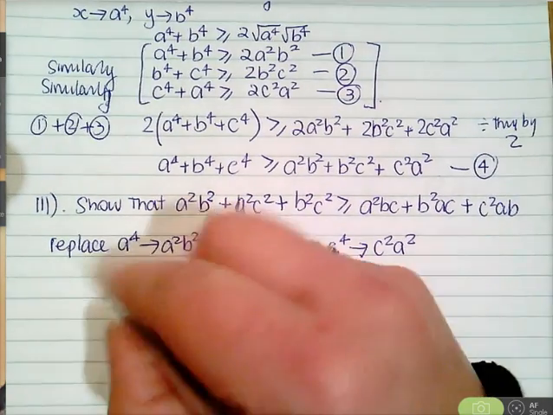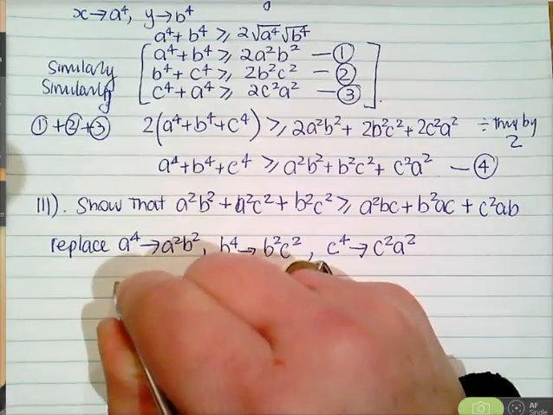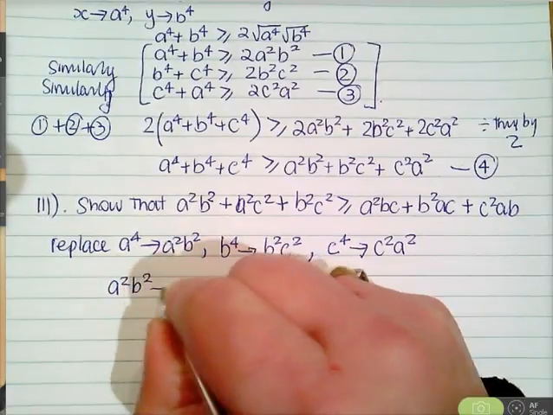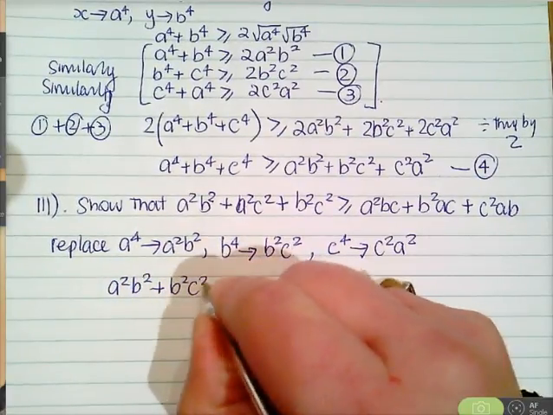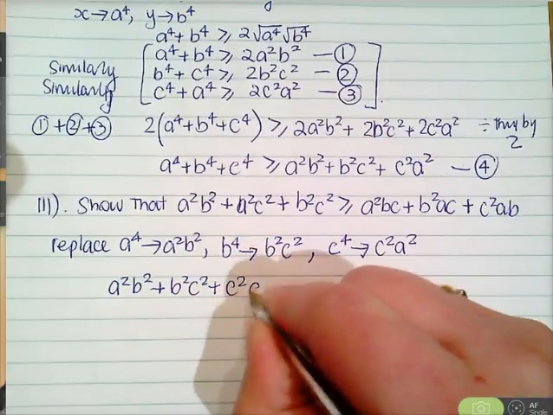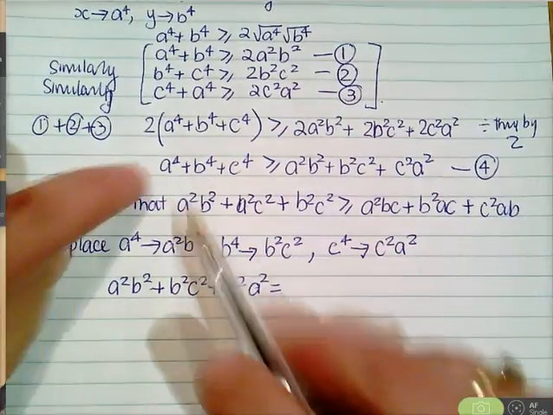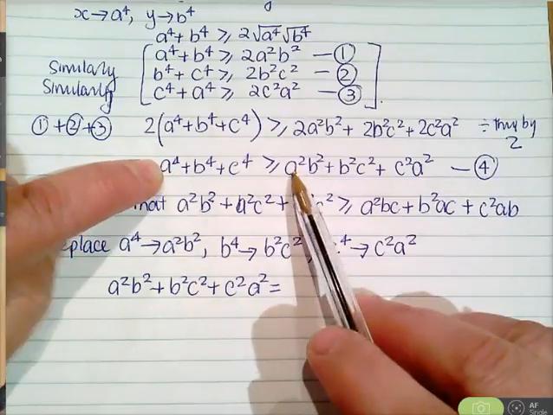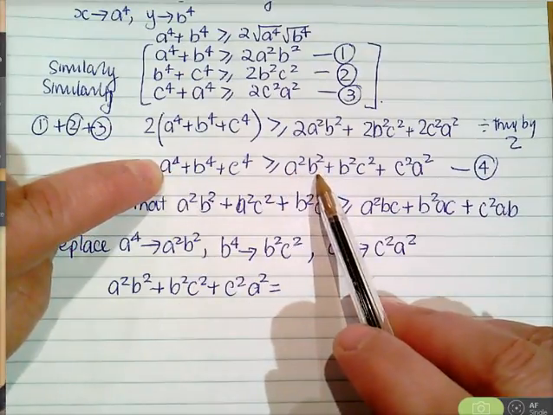So that's what we're going to do here. We're going to start off with this. So we're going to get that a squared b squared plus b squared c squared plus c squared a squared. Now we know that a4 is a squared b squared.